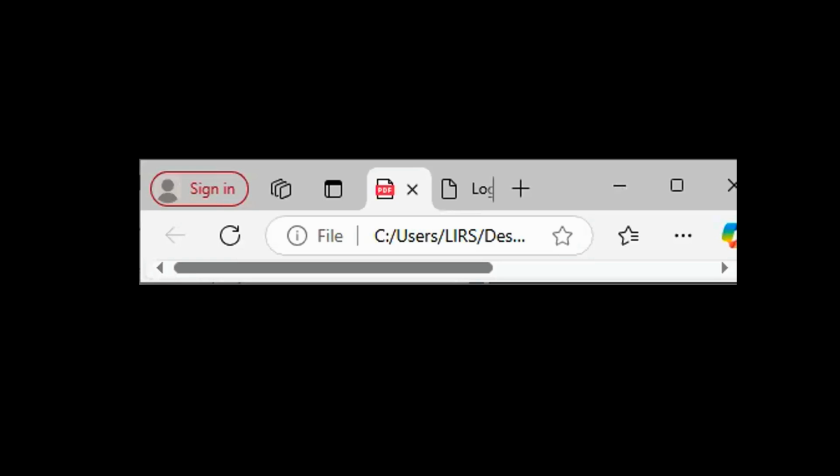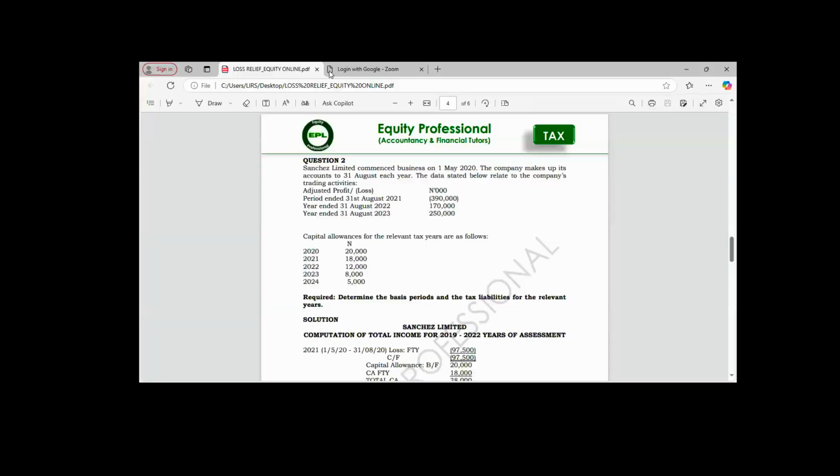So we are still going to continue with, in our last class, we treated questions on loss relief. So we are still going to continue with that, where we did a question on carry forward.